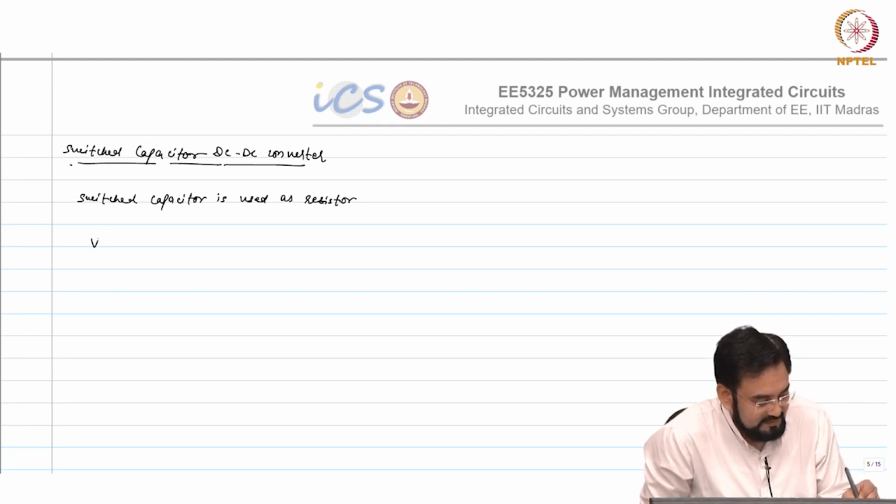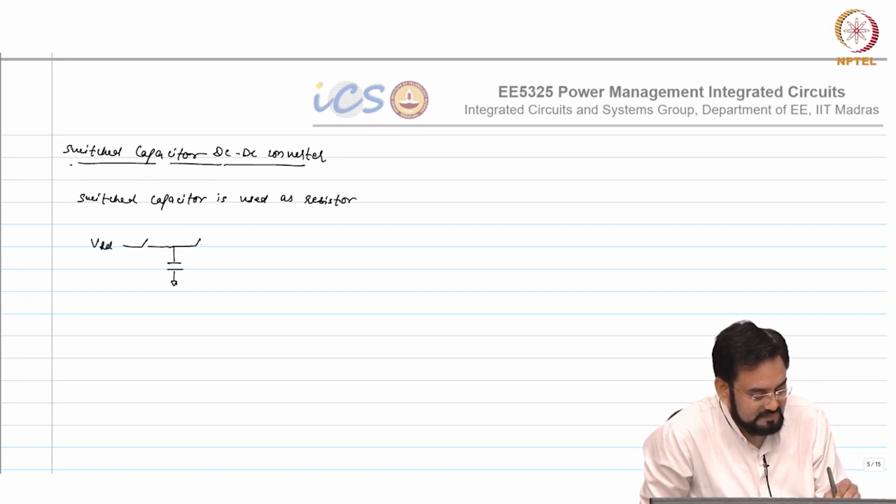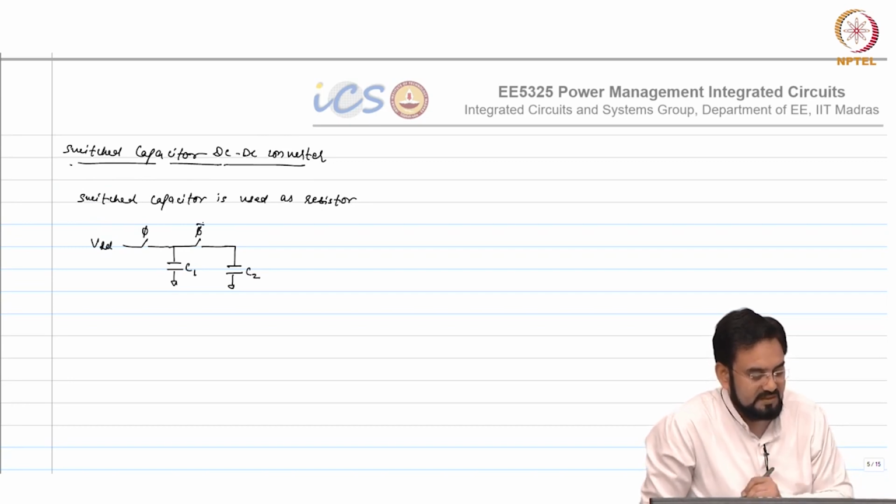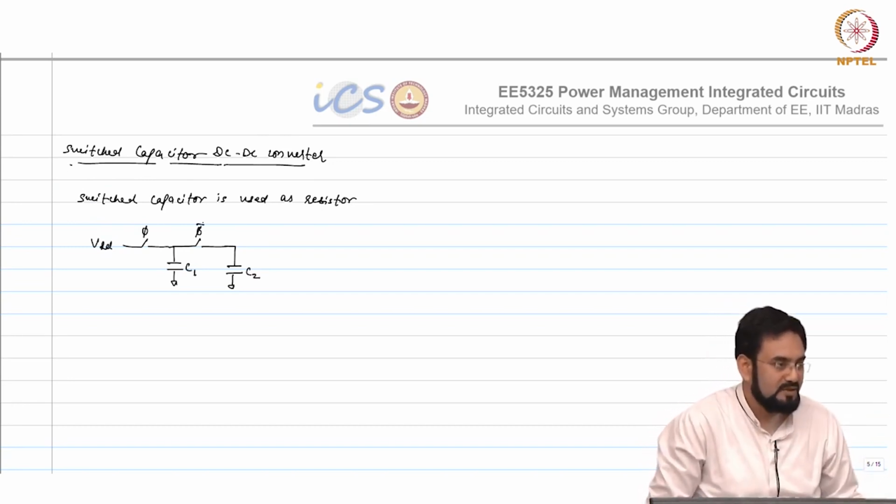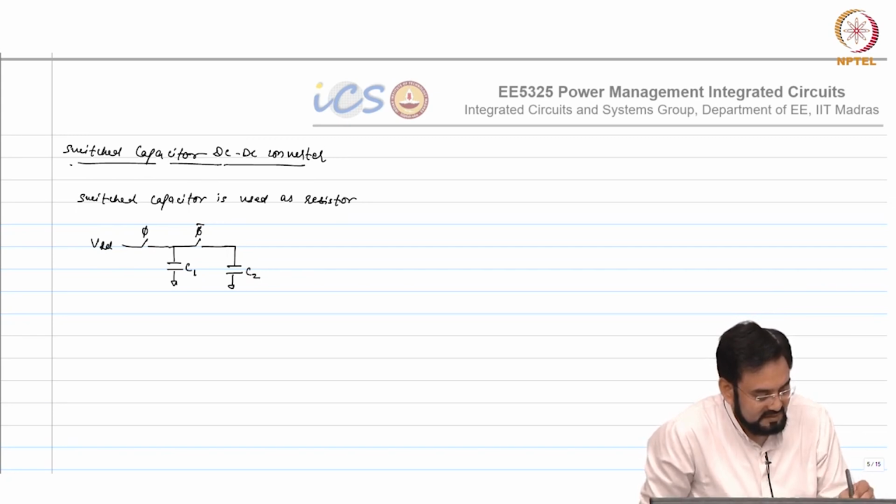So, let us say I have this VDD, this is my switch, this is C1, this is C2. If this is phi and this is phi bar, they are non-overlapped complementary phases.